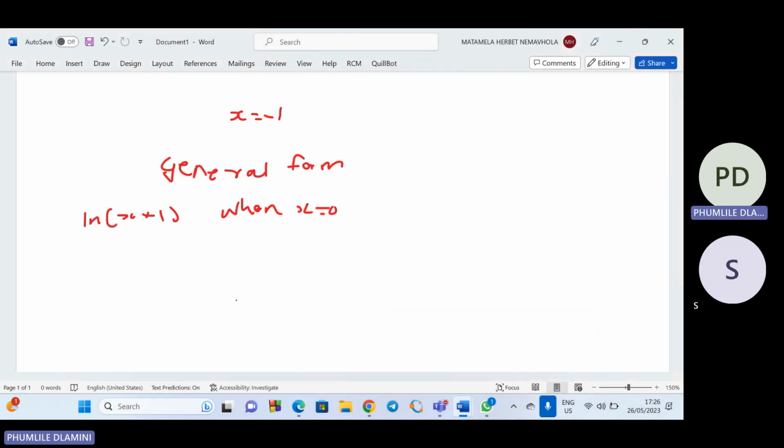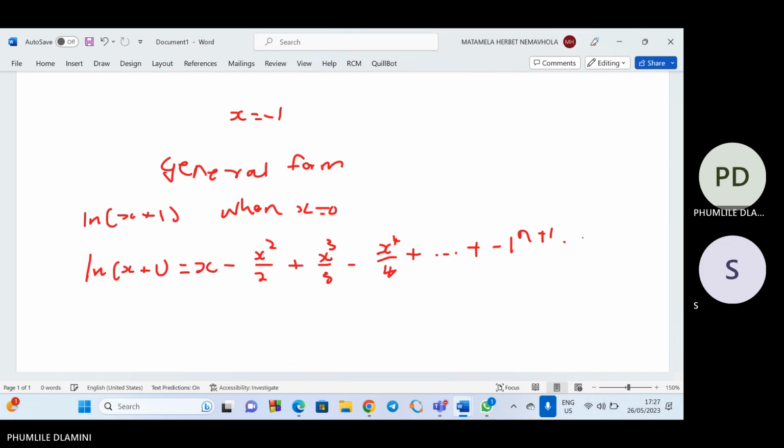Our ln of x plus 1 can be expanded as x minus x squared over 2 plus x cubed over 3 minus x to the power 4 over 4, plus and so on, with the general term -1 to the power n plus 1 times x to the power n over n, and it continues.